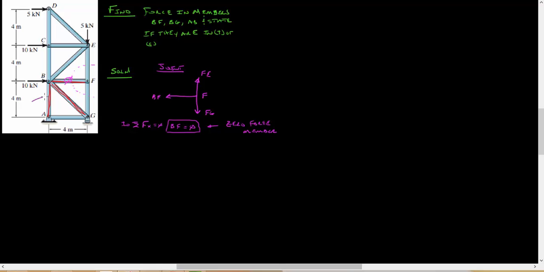So I will be cutting this like so. The first thing I'm going to do is draw my free body diagram. I'm going to try really hard to make this as straight as possible.